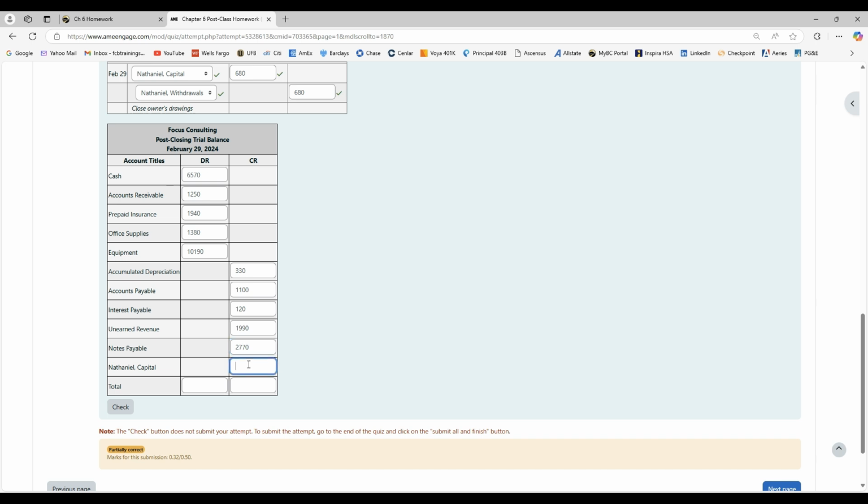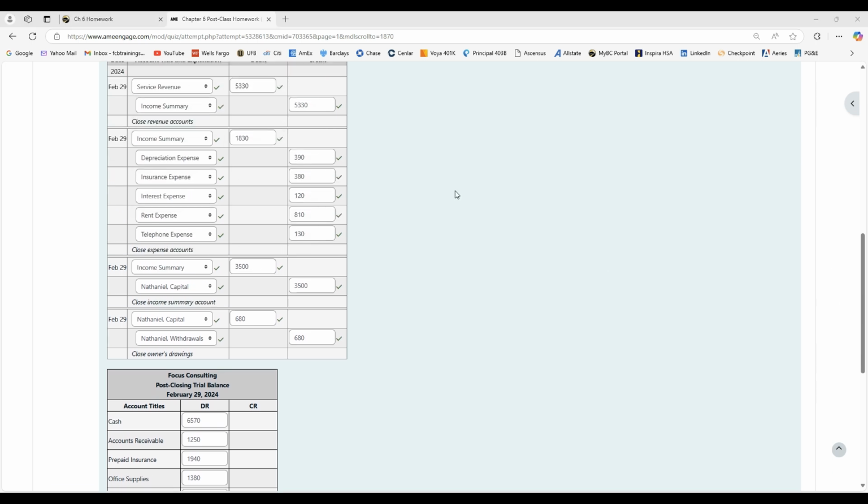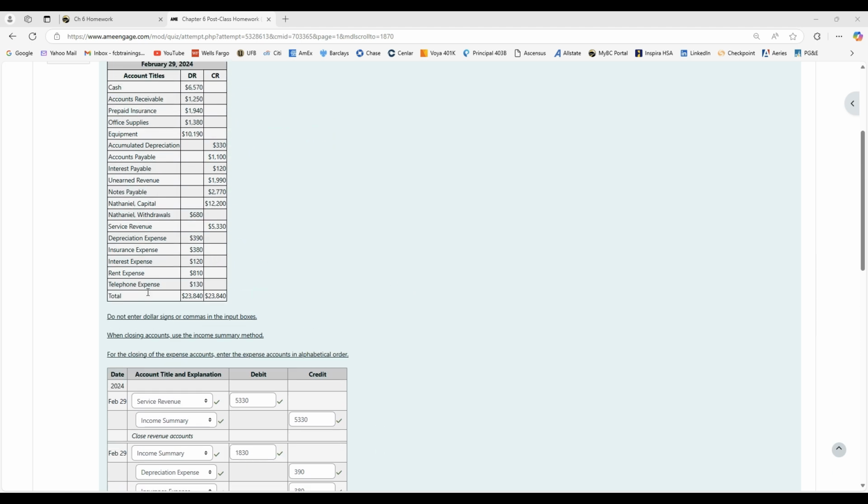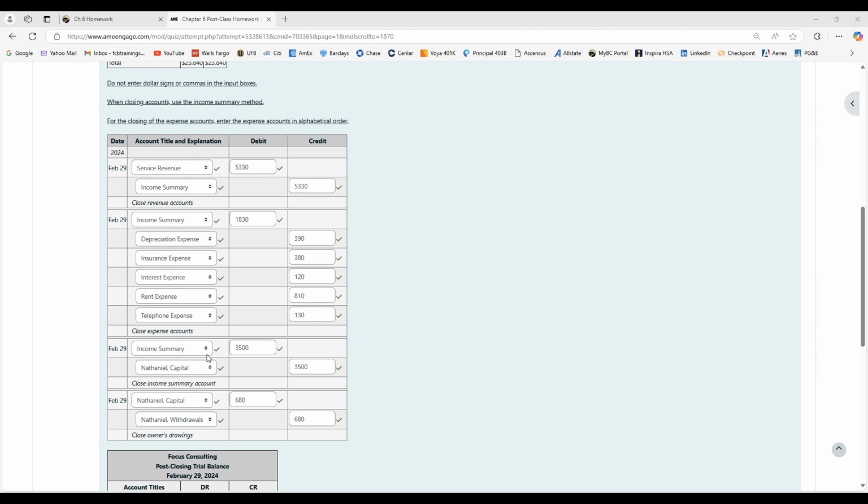Okay, and then the one account that does change, the main thing here, is capital, right? That's what we're doing with our journal entries above. You can see capital has been adjusted here to close all the withdrawals, revenues and expenses into capital. We're going to start with a balance of 12,200, and then we're going to increase that by 3,500.